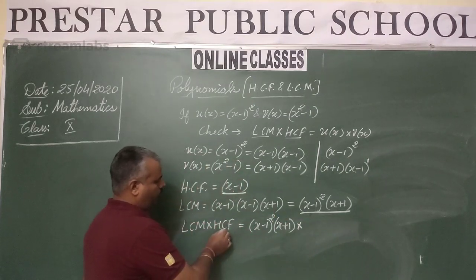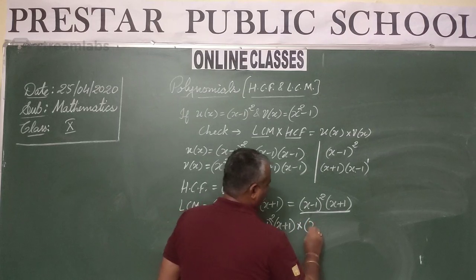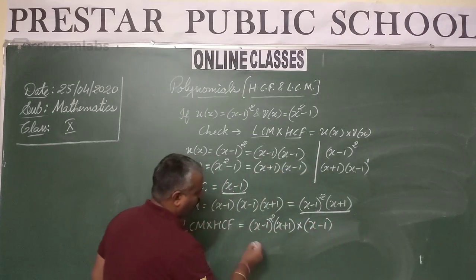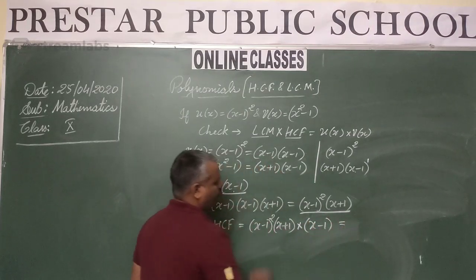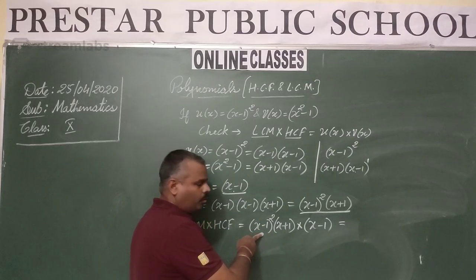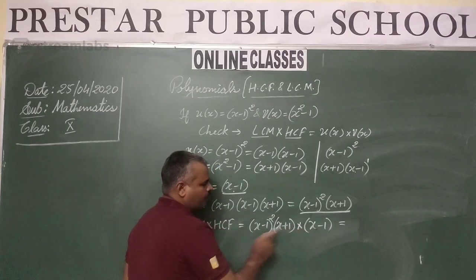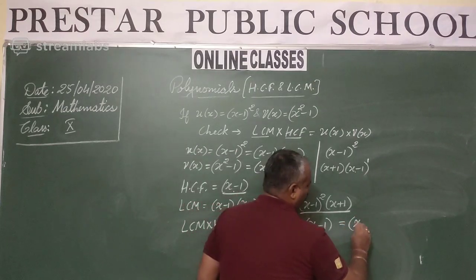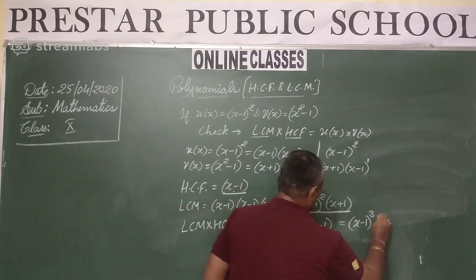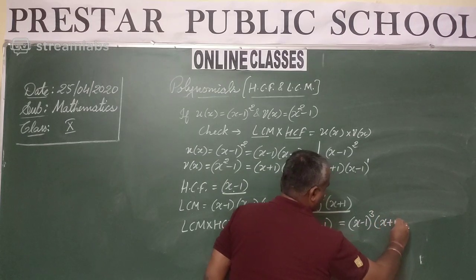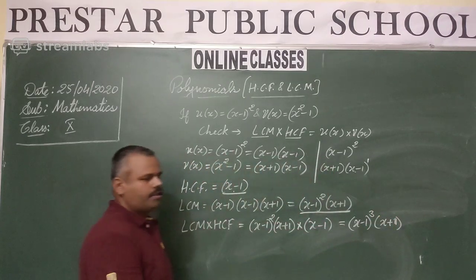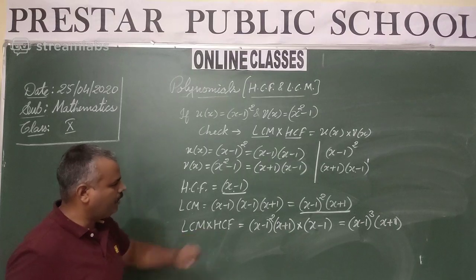And what is the HCF? HCF is x minus 1. So what we get here? x minus 1 whole squared multiplied by x minus 1. Now if you see here, it will be x minus 1 whole cube multiplied by x plus 1. So this is the product which we get of LCM and HCF.